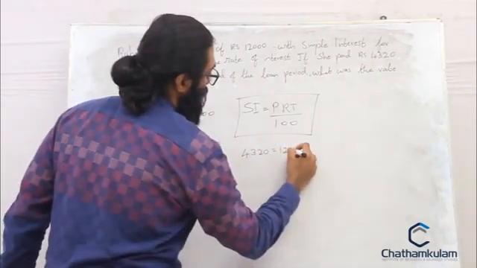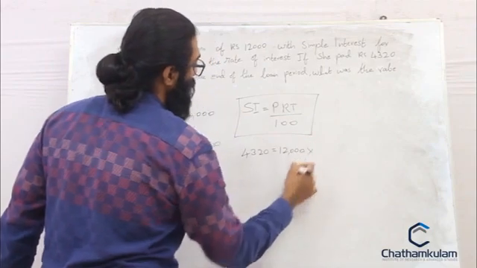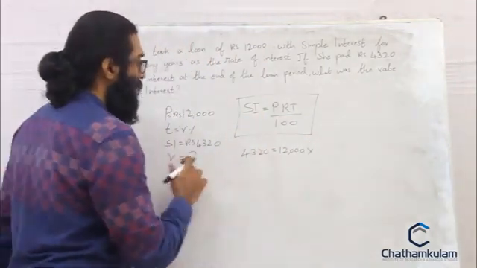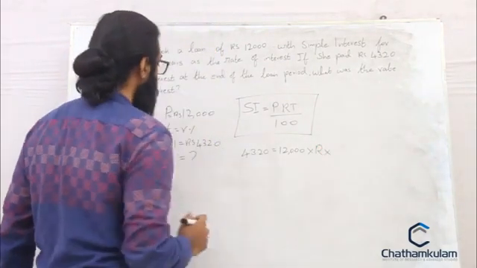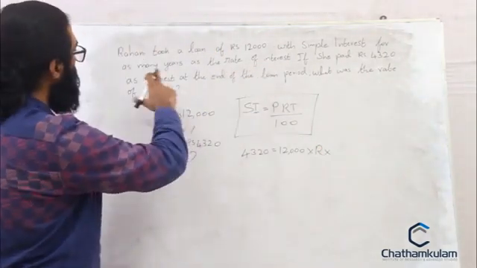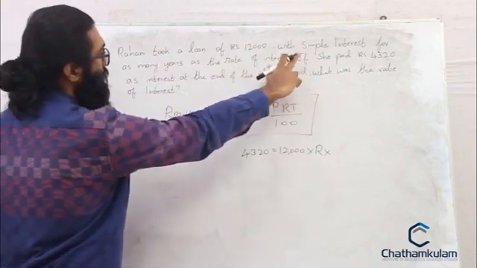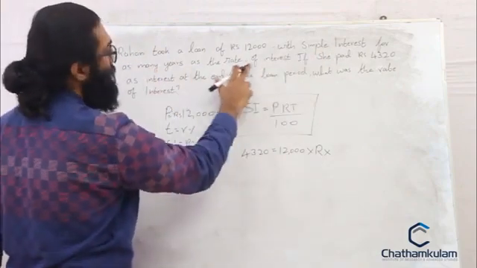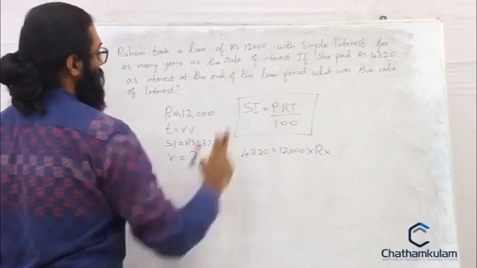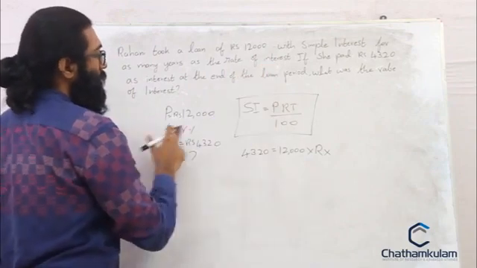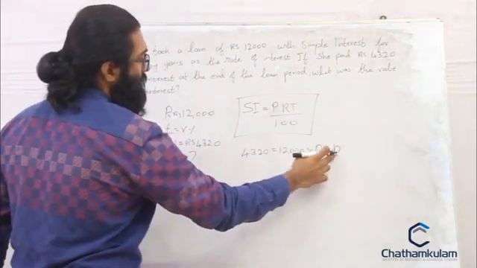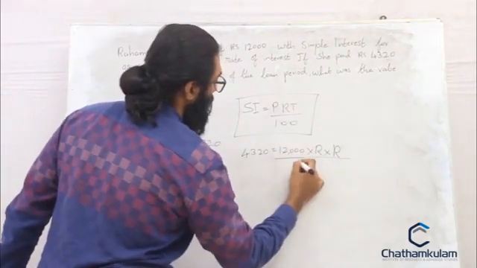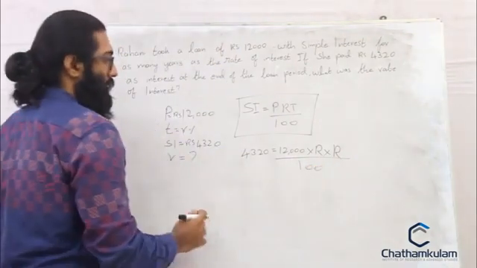So P is 12,000 into, what is R? R we have to find out. So we write R here into T. T is given as with simple interest for as many years as the rate of interest. So T will be equal to R. So we write the T as R here, whole divided by 100.